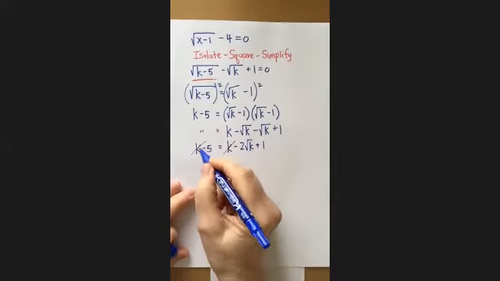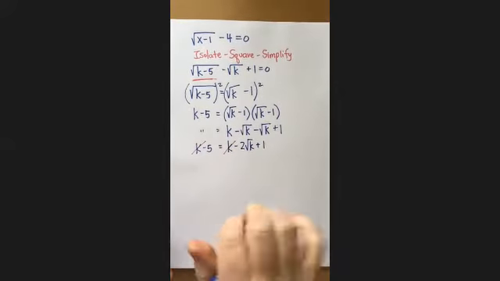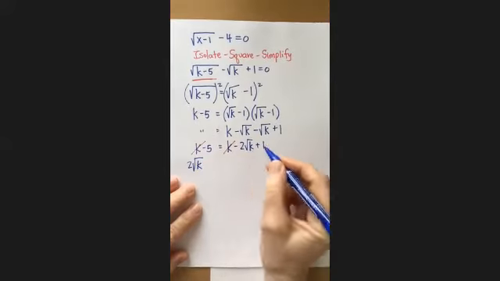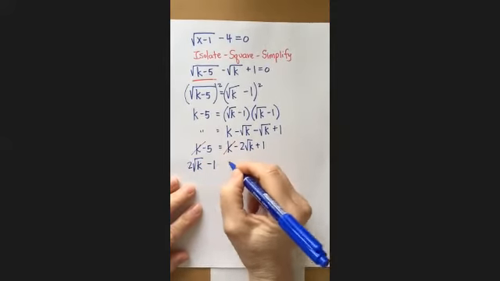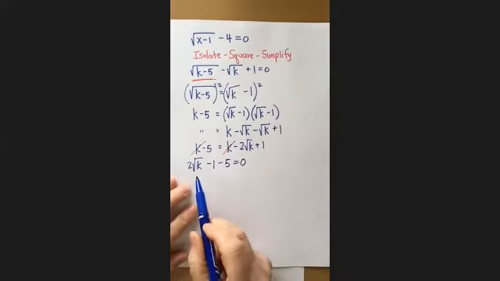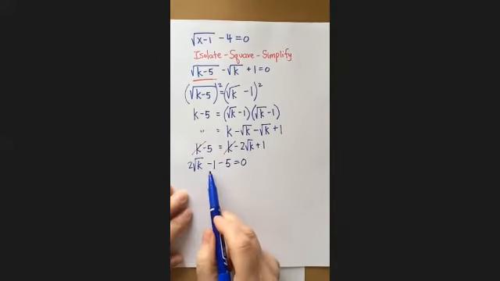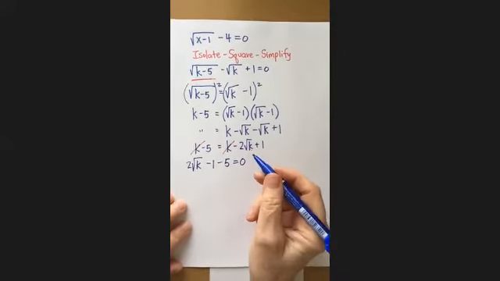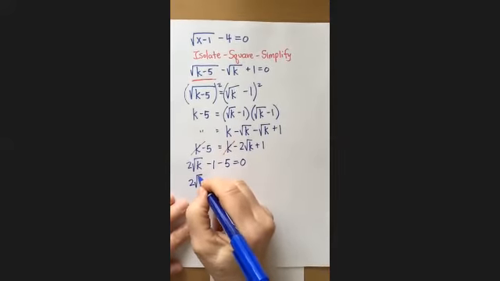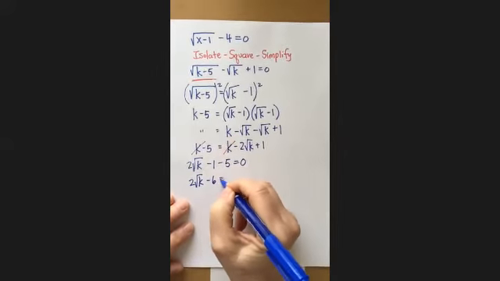So I'm going to bring everything over to the left side of the equation by adding 2 square roots of k to both sides and subtracting 1 from both sides. And there was already a 5 over there. So now we have 2 square roots of k minus 1 minus 5 equals 0. And I'm going to simplify before I go on. 2 square roots of k minus 6 equals 0.